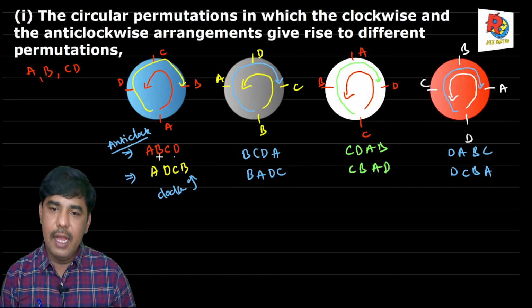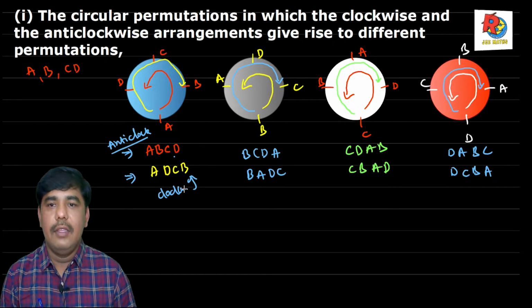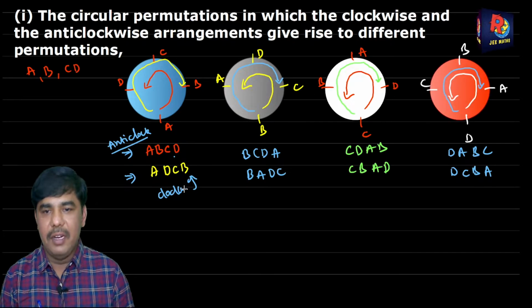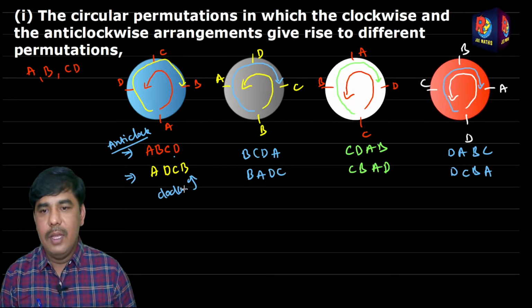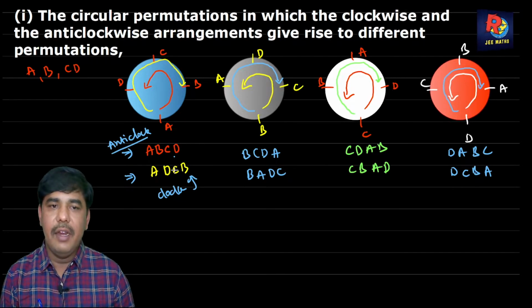Here the clockwise and anti-clockwise arrangements are also different. In permutation, the order plays the most important role. So A, B, C, D and A, D, C, B are different arrangements.